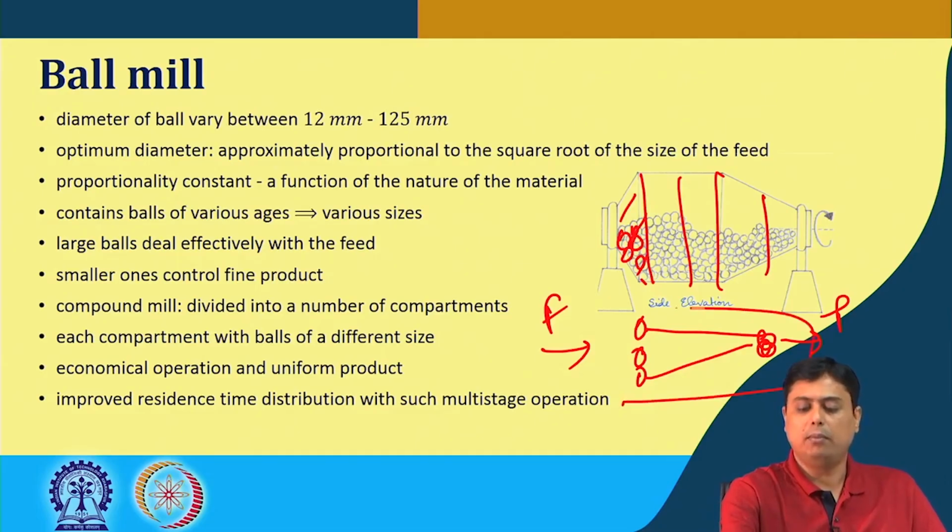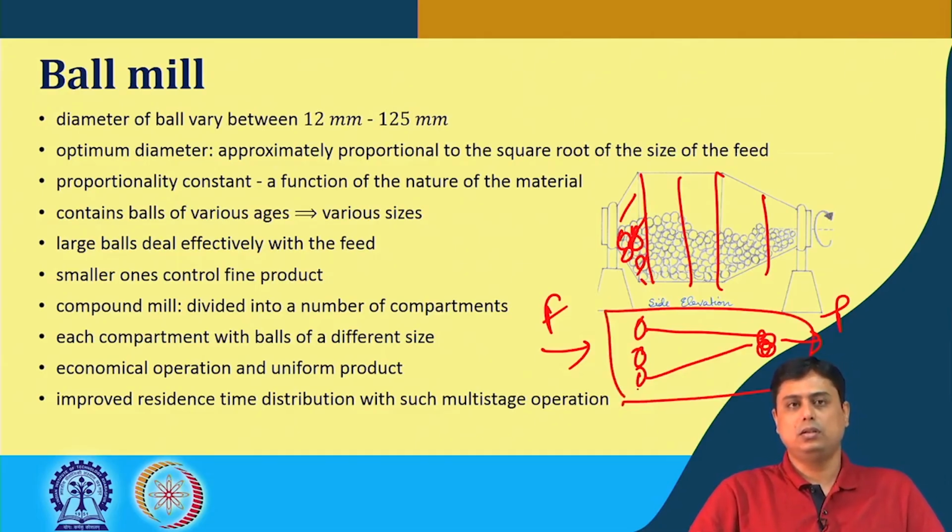In this way, by this multi-stage operation, we can have economical operation and uniform products. We can also improve the residence time distribution with such multi-stage operations because of these vertical screens. Otherwise, in a single stage operation, what could have happened? It is a kind of one-stage process that assumes a uniform product.